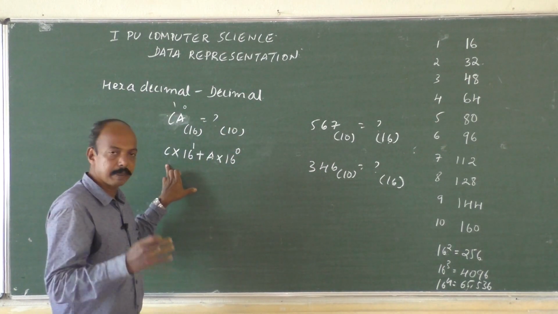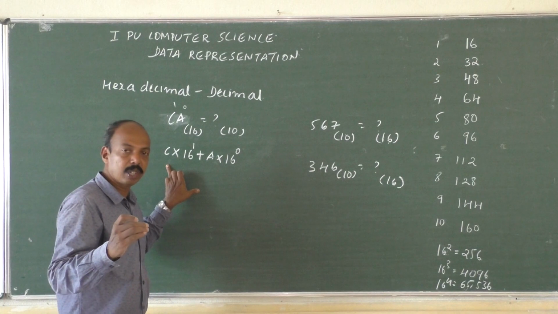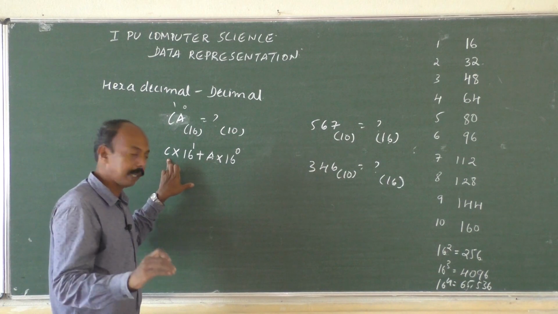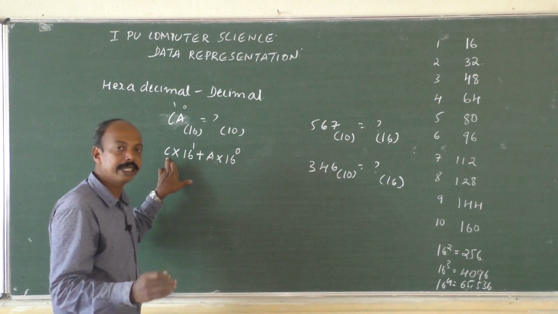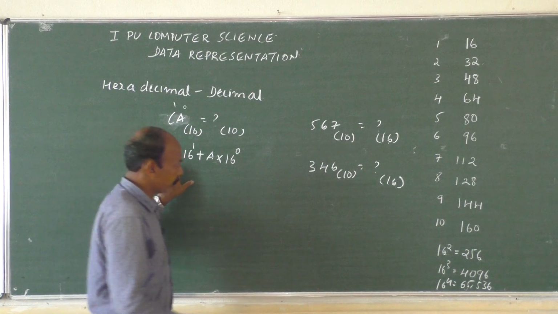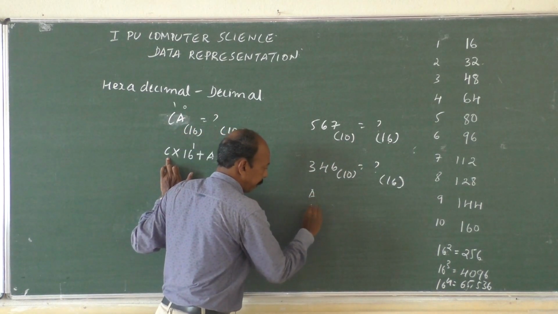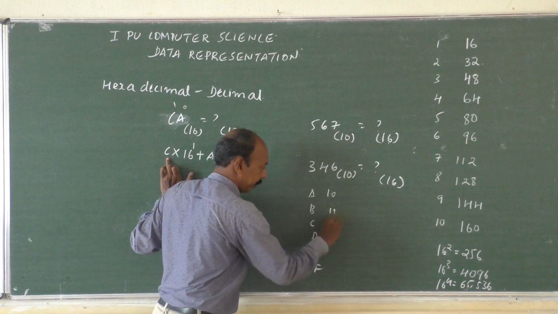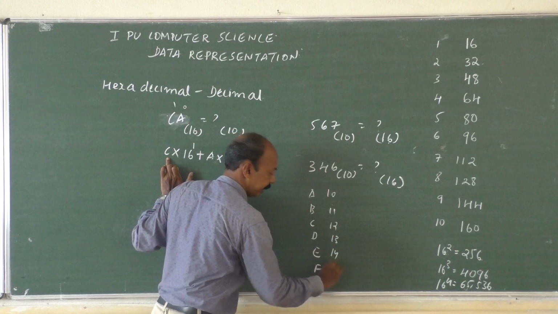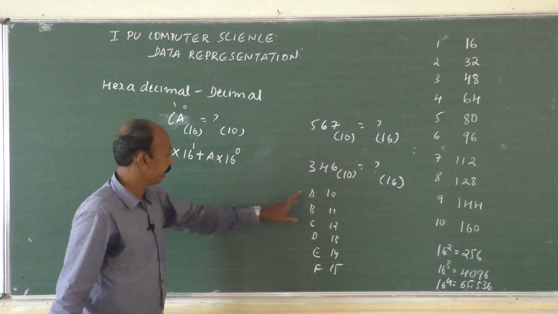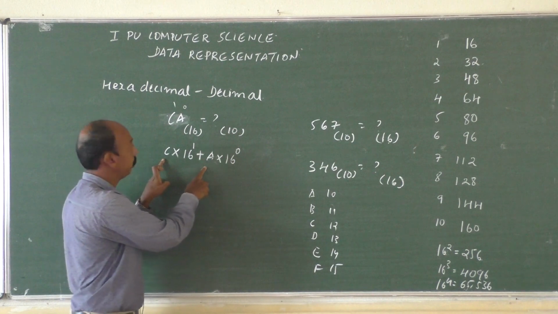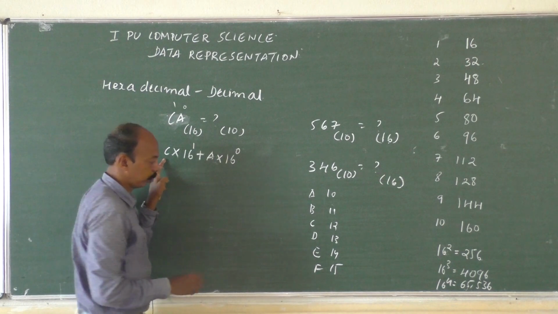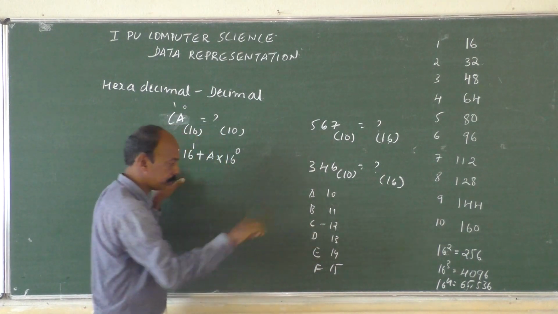So if we have some A, B, C, D, directly it's not possible to multiply. So in order to multiply, convert these to their decimal equivalent: A, B, C, D, E, F are 10, 11, 12, 13, 14 and 15. Wherever you get A, B, C, D like this, when we convert from hexa to decimal, write its decimal equivalent. Hope that's understood, because many times we have gone through that now.